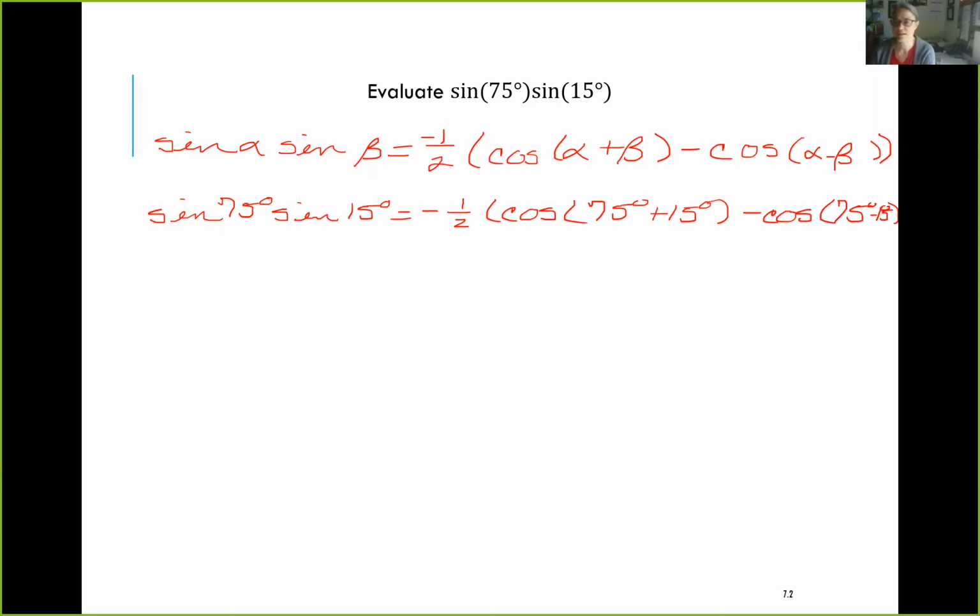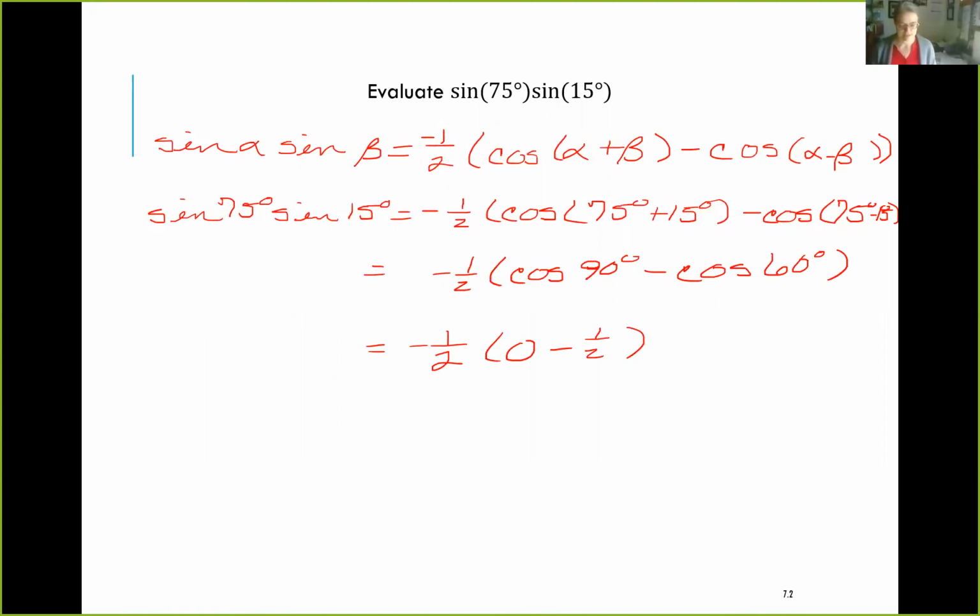So that's equal to negative 1/2 times the cosine of 90 degrees, we like that one, minus the cosine of 60 degrees, we like that too. Cosine of 90 degrees is 0. Cosine of 60 degrees is 1/2. So we've got negative 1/2 times negative 1/2.